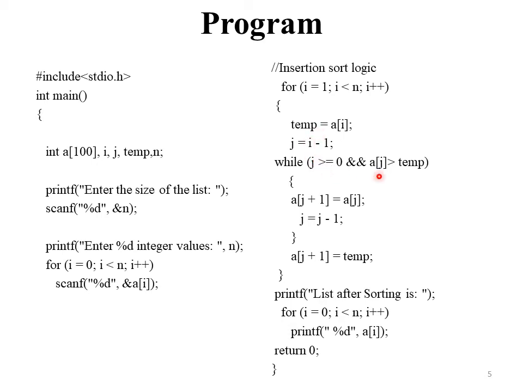So we compare these two in a while loop. First we check if j is greater than or equal to 0. The value of j is 0, so 0 is greater than or equal to 0. This condition is true. Now we check if a of j is greater than temp. If a of j is greater than the value of temp, then we enter this statement.